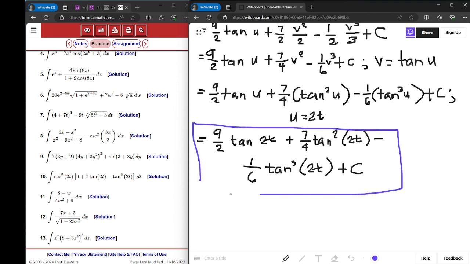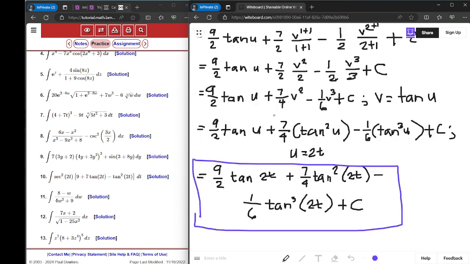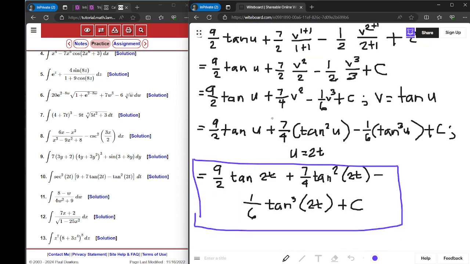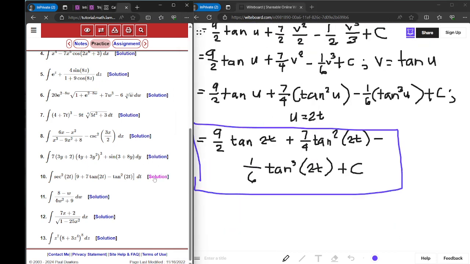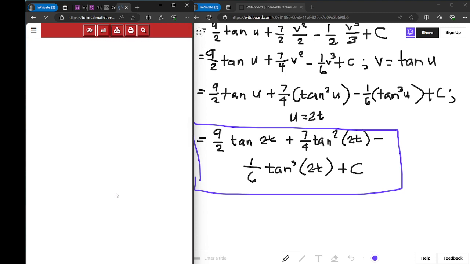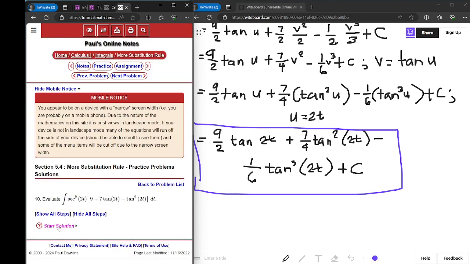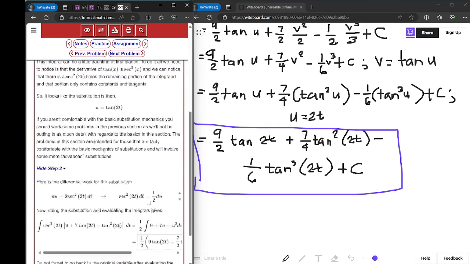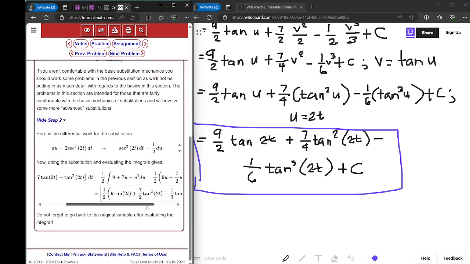All right, it's quite a long solution. So let's check. This is number 10. Okay, this is right. So factoring out 1 half, this is 9 over 2.